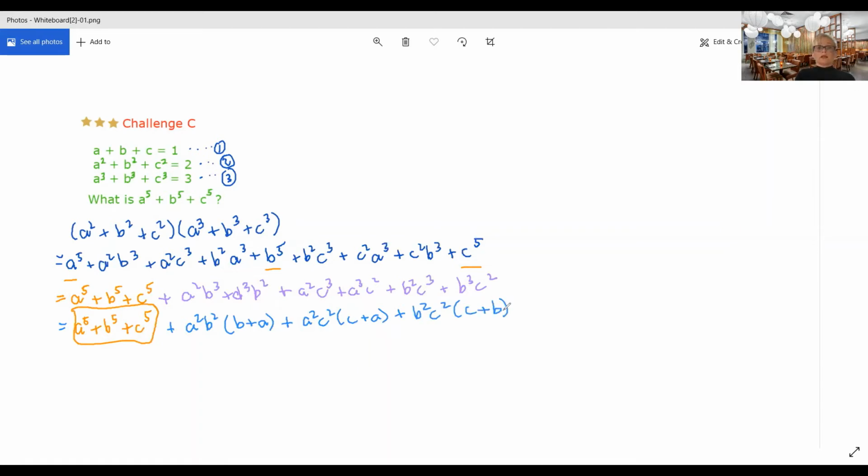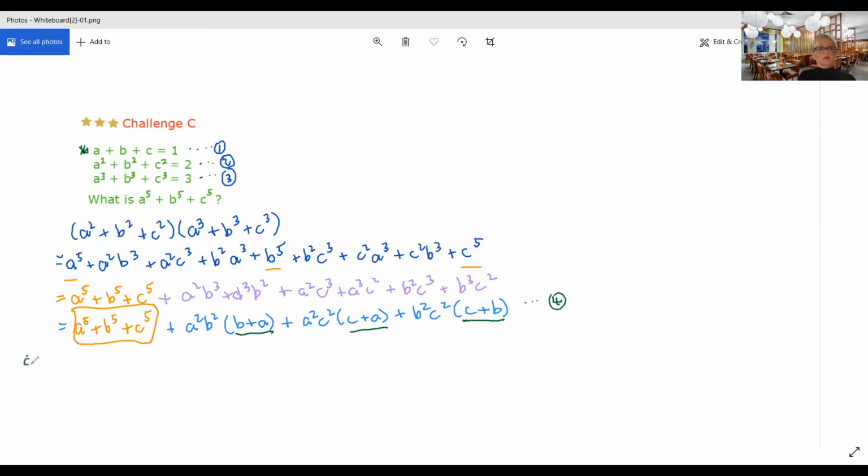What are we noticing here? Hopefully we're noticing something. These expressions here, if we go back to this first equation, we know that b plus a is going to be 1 minus c. Okay, so maybe call that equation 4.